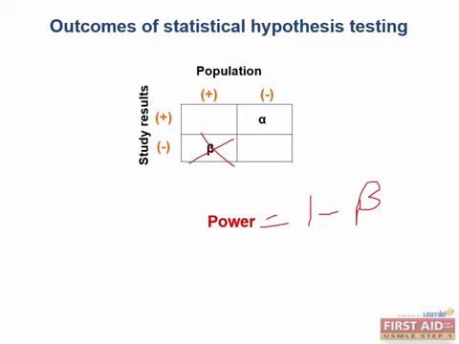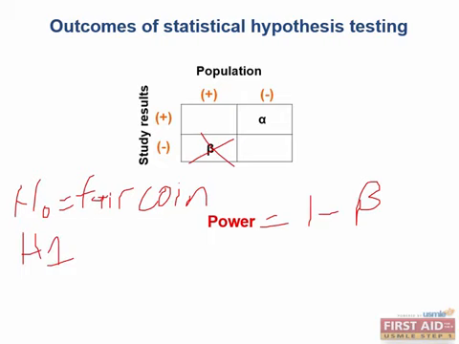For example, let's say you're flipping a coin. The null hypothesis here would be that this is a fair coin, so there's no real difference between your ability to get heads or tails. Conversely, the experimental hypothesis or the alternative hypothesis would be that heads is actually favored. Now, if you flip the coin 10 times, you get 6 heads and 4 tails.